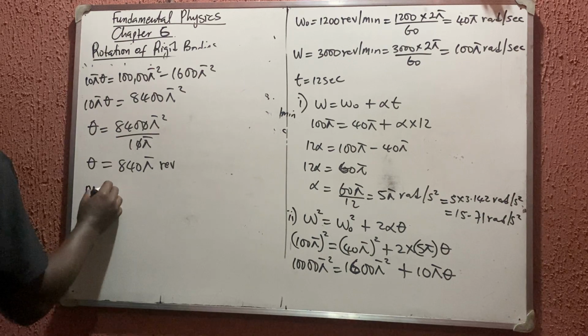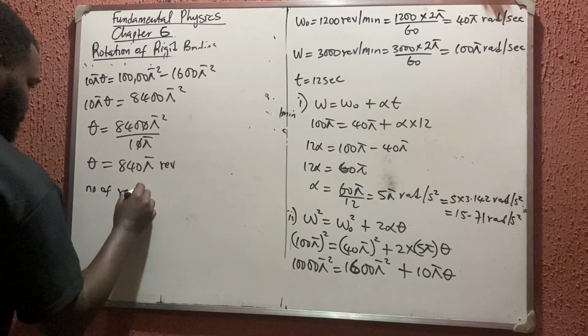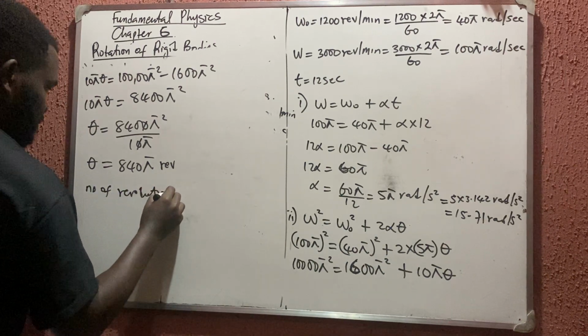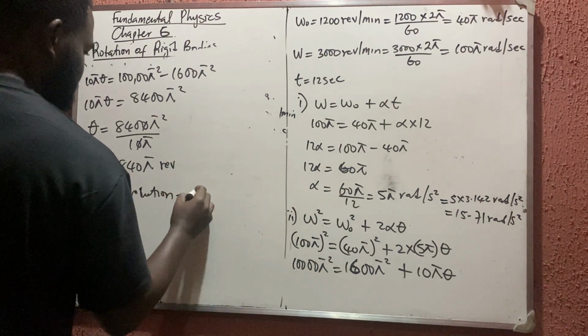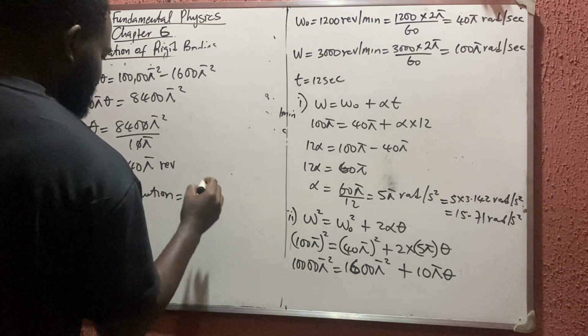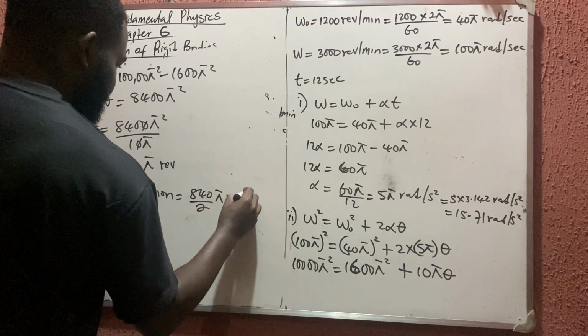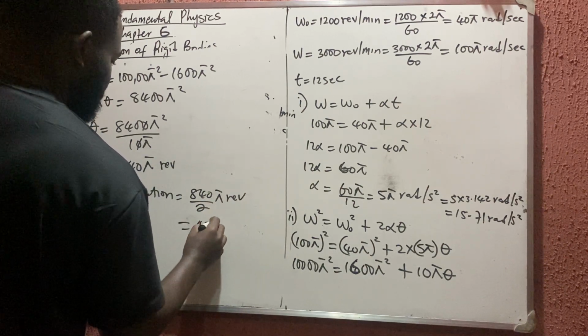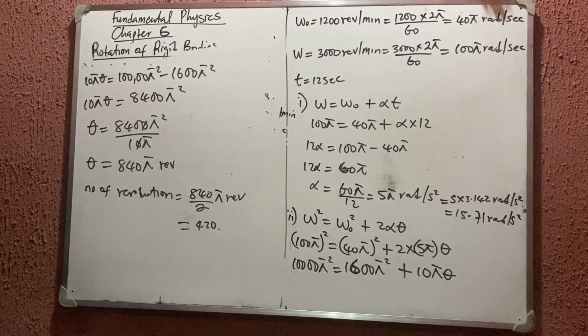The number of revolutions will be 840 divided by 2. Don't forget that there is pi here, in rad, which will give you 420. That is 420, that's the number of revolutions. Okay, so that is that for that.